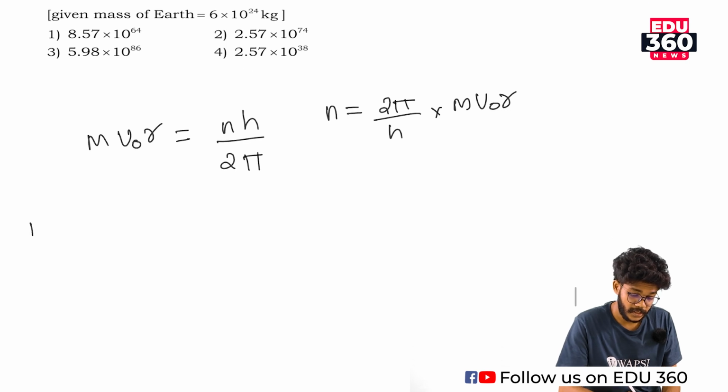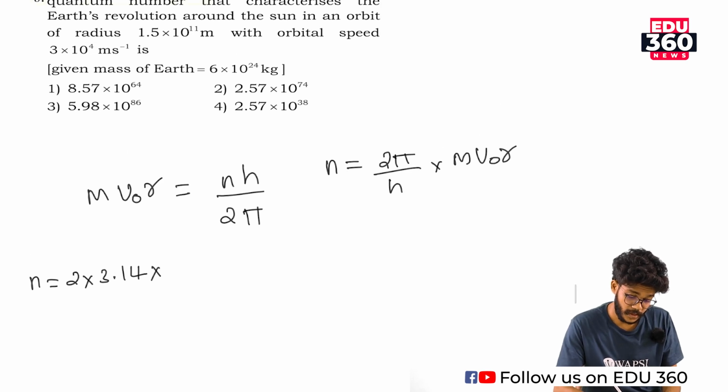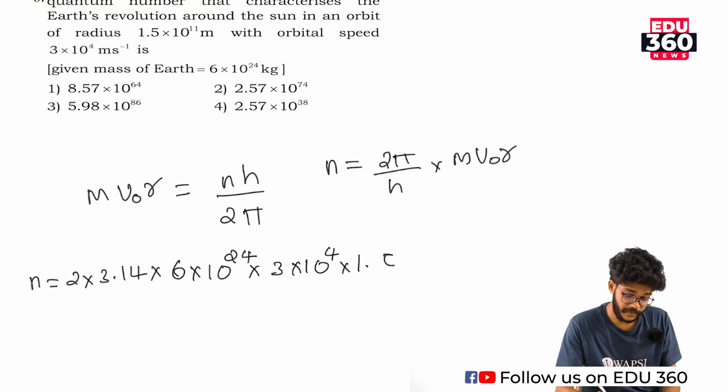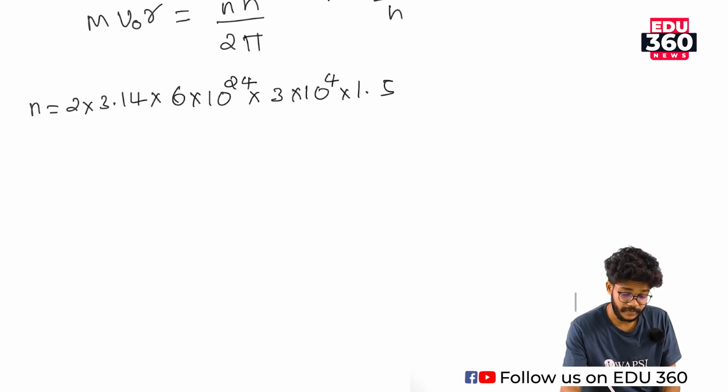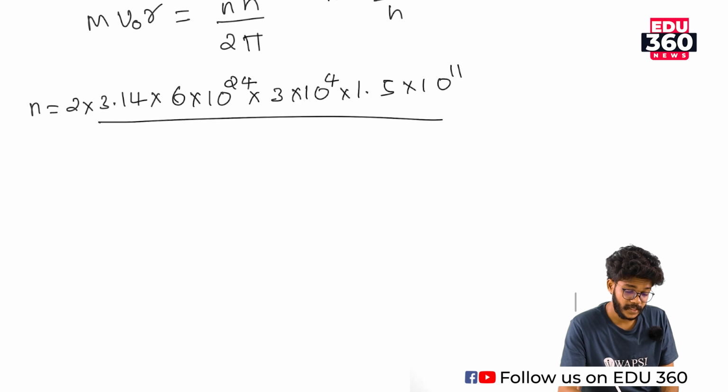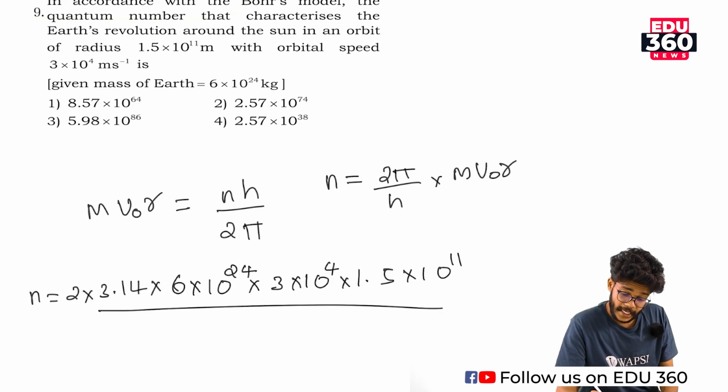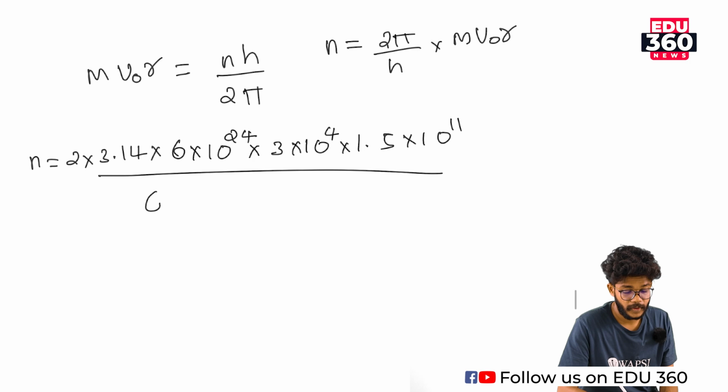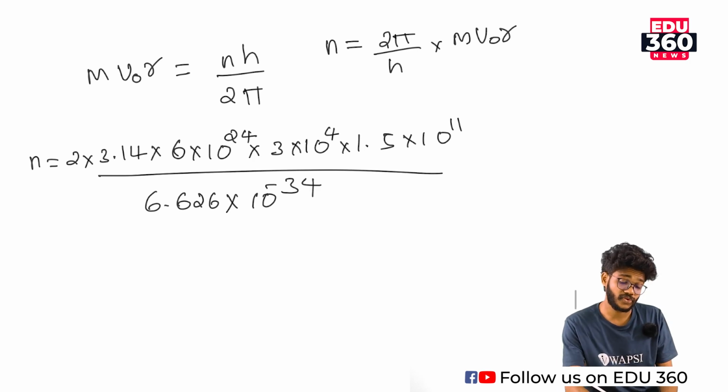Substitute the values. n is equal to 2 into 3.14 into mass 6 into 10 raised to 24, multiplied by orbital speed 3 into 10 raised to 4, and radius 1.5 into 10 raised to 11, divided by h. h is 6.626 into 10 raised to minus 34, Planck's constant.